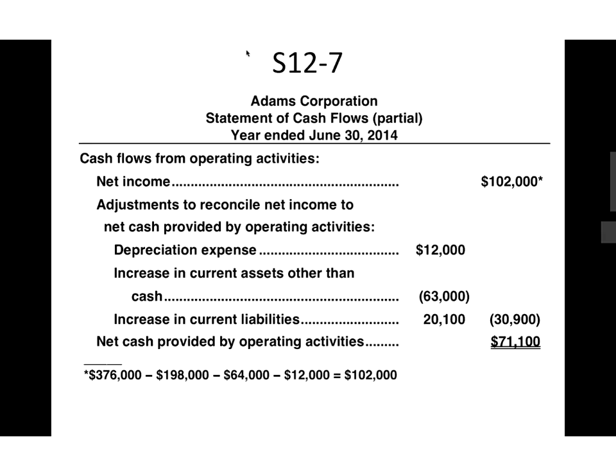There's typically going to be a single underline right above net cash provided by. If that net cash provided by operating activities were negative, that would be net cash used by. So cash can be provided by or used by. Used by means it's negative. Provided by means it's positive.